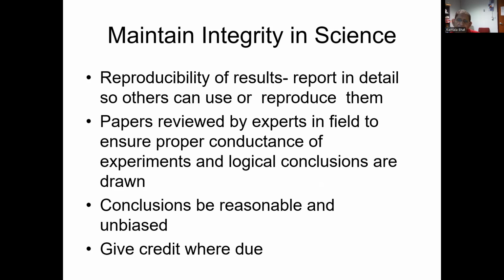Papers are reviewed by experts in the field to ensure proper conduct of experiments and that logical conclusions are drawn. Conclusions, again, must be reasonable and unbiased, and we have to give credit where it is due.